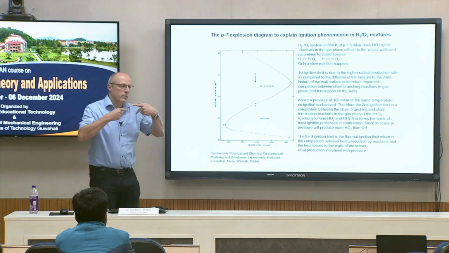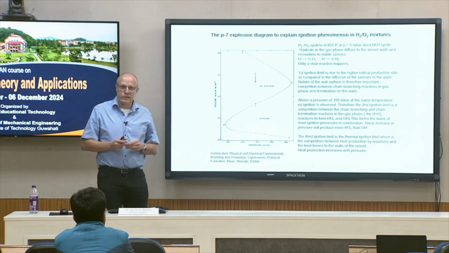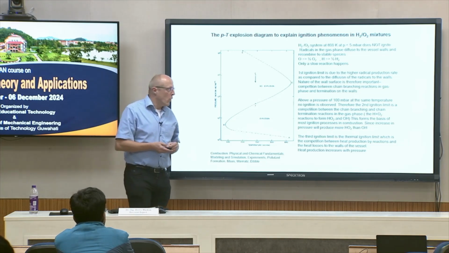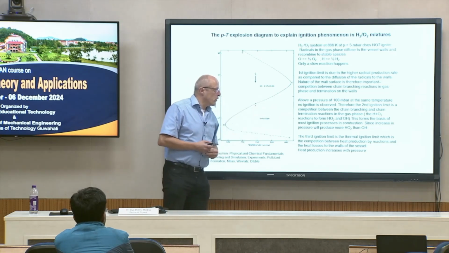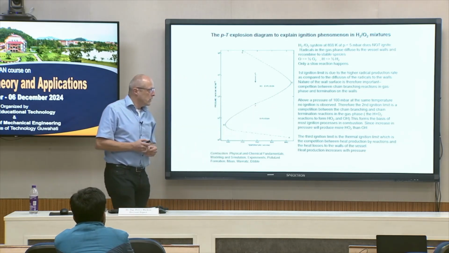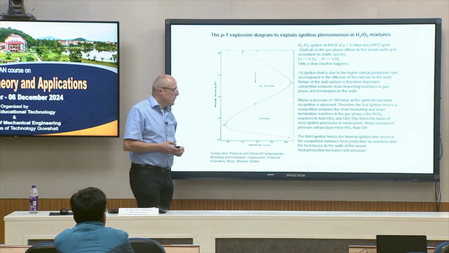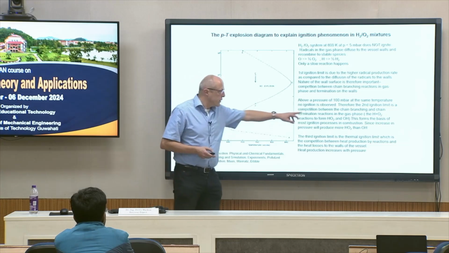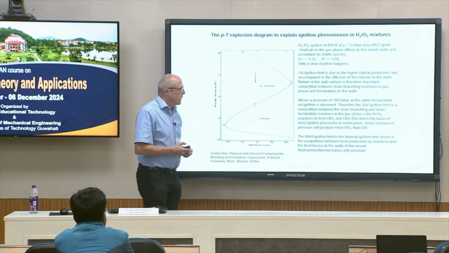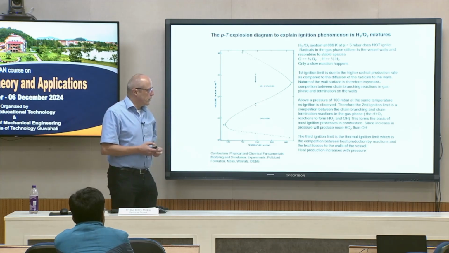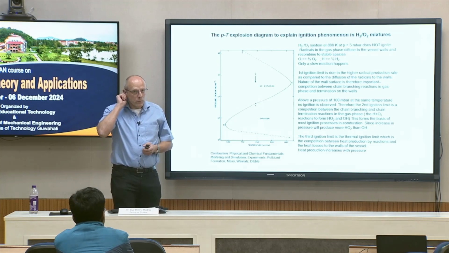So suddenly at higher pressures you don't see any ignition anymore, and this is now a competition of chain branching and chain terminating reactions. So the reaction H plus O2 leading to HO2 is a third body reaction.